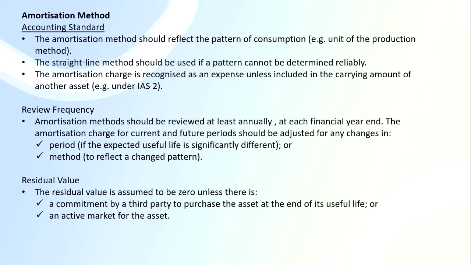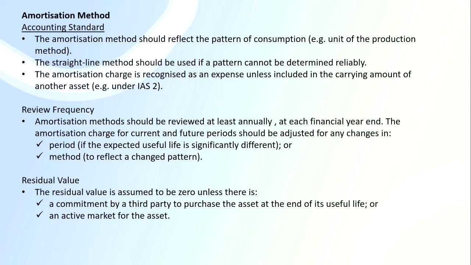But if the pattern of the asset cannot be determined, the straight line method should be used. The amortization charge is recognized as an expense unless included in the carrying amount of other assets.